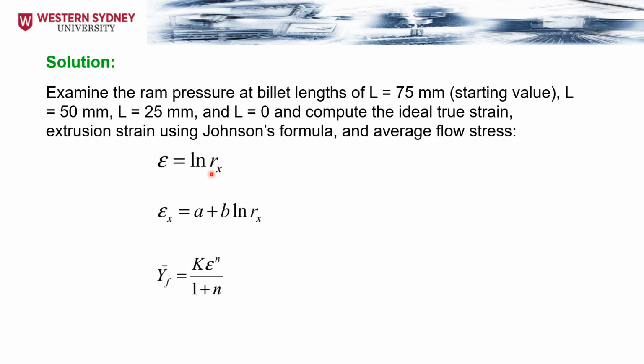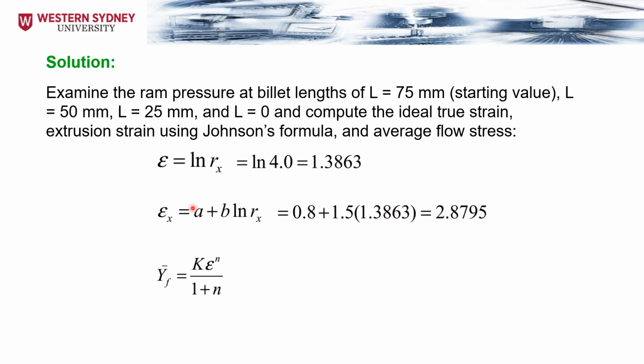So far, we have all these parameters, so we can start to do the calculation. The true strain is equal to ln of 4, and this will give you 1.3863. The extrusion strain is going to be equal to A plus B multiplied by the 1.3863. So we're going to have 0.8, which is the A, plus 1.5 multiplied by 1.3863.